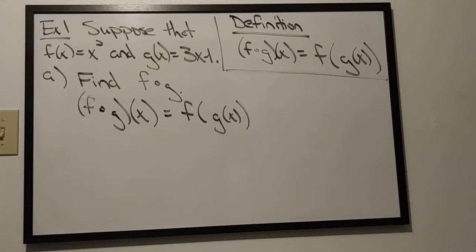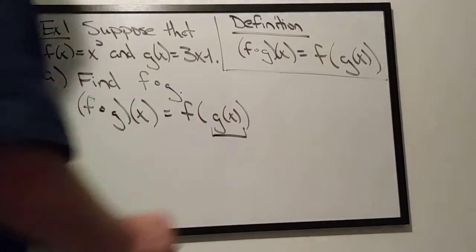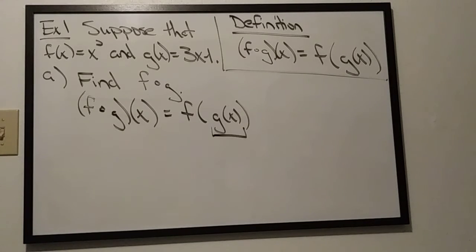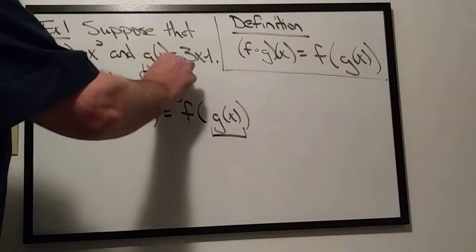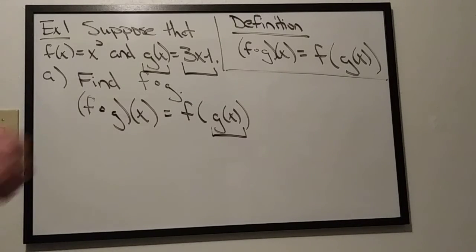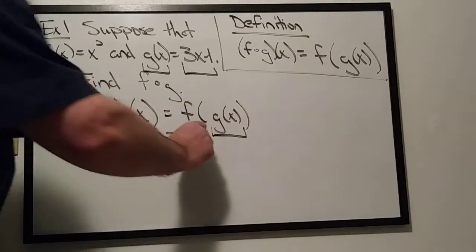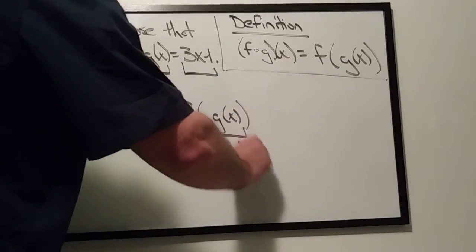We do the same thing here in the world of functional composition. So as I start on the inside, I notice that I have a g of x sitting there. Well, g of x and 3x minus 1 are the same thing. 3x minus 1 is the rule for my function g of x. So what I can do is replace g of x with its rule, 3x minus 1.